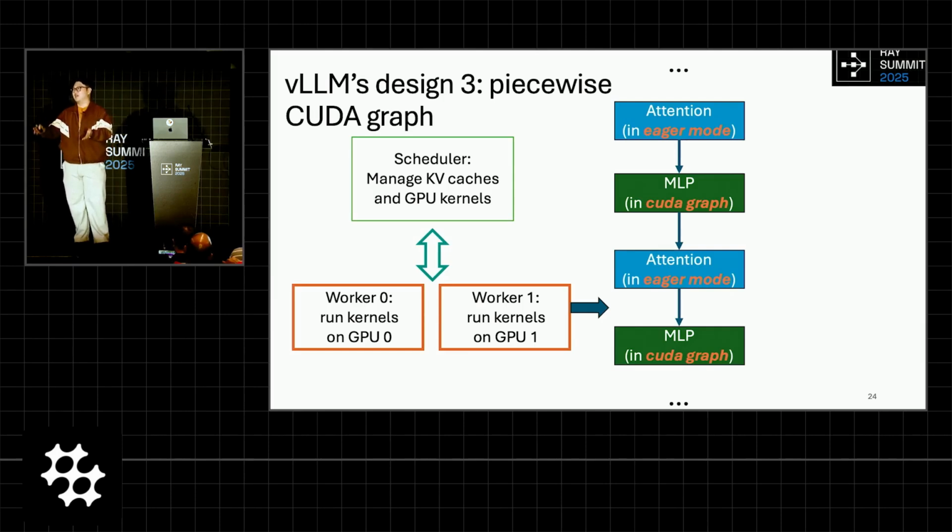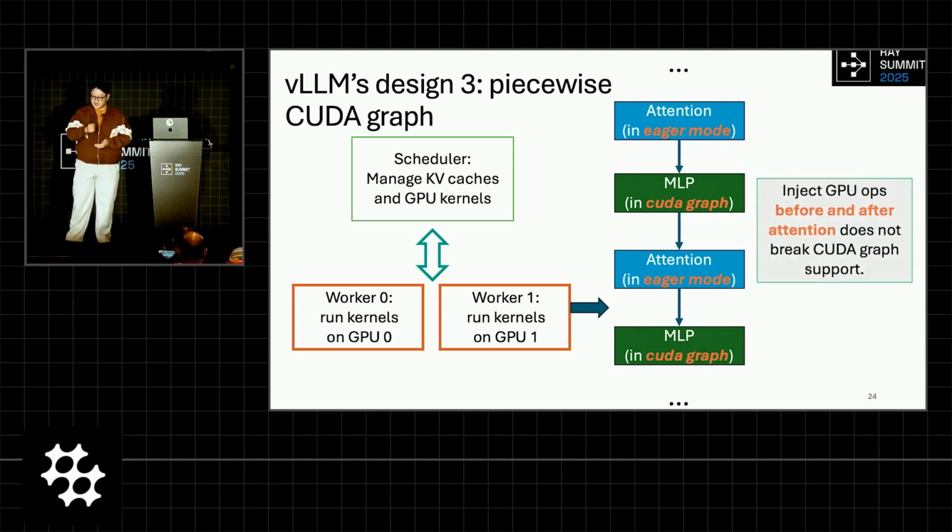We have this API because we want to inject GPU operators to move the KV caches in and out. But now, because of piecewise CUDA graph, attention operators are executed in eager mode, which means we can inject GPU operators before and after attention without breaking CUDA graph support.